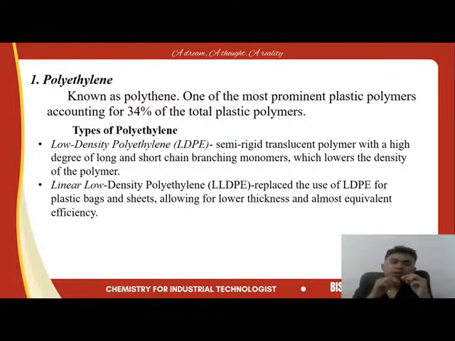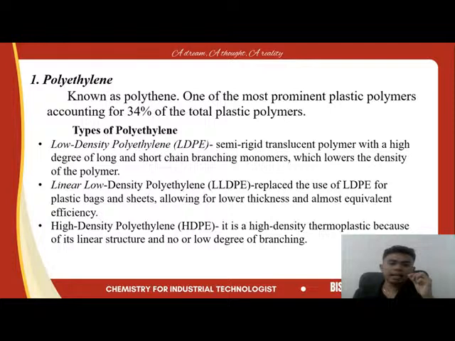Next to LLDPE, we have high density polyethylene, or HDPE. As the name suggests, it is a high density thermoplastic because of its linear structure and no or low degree of branching.